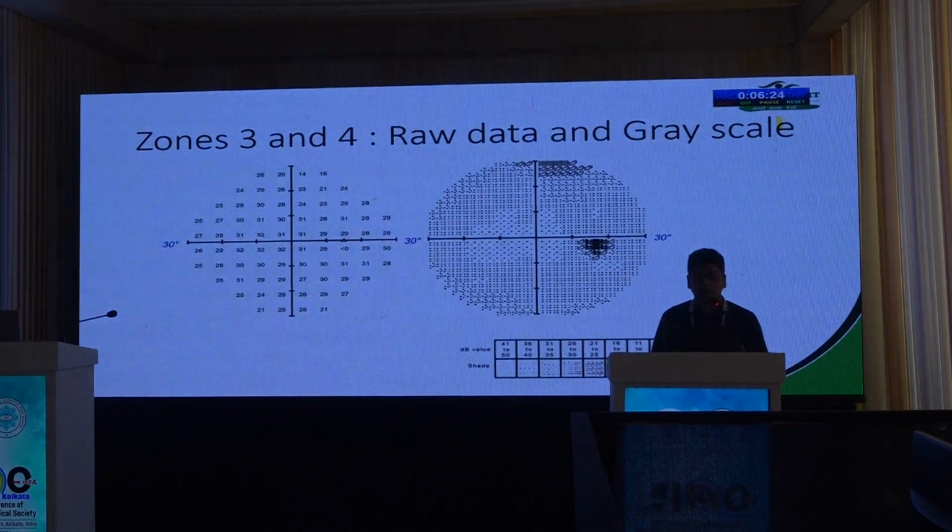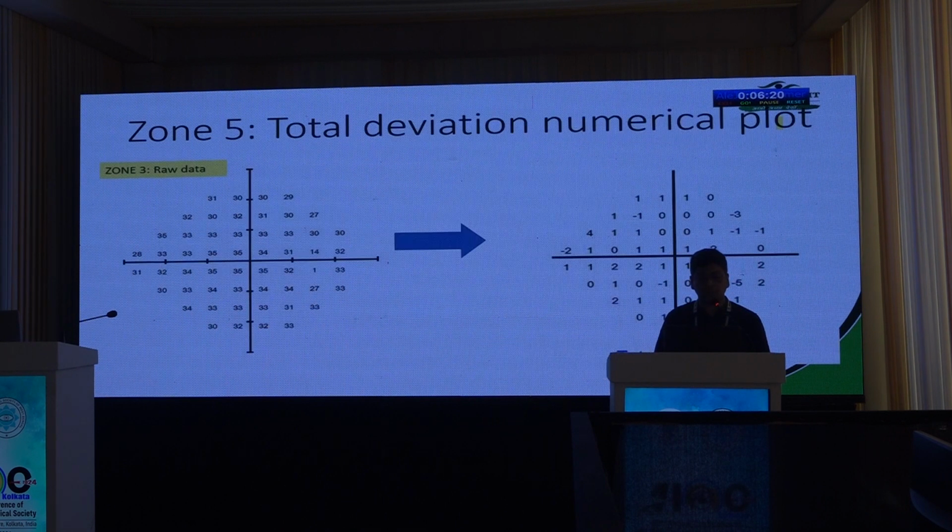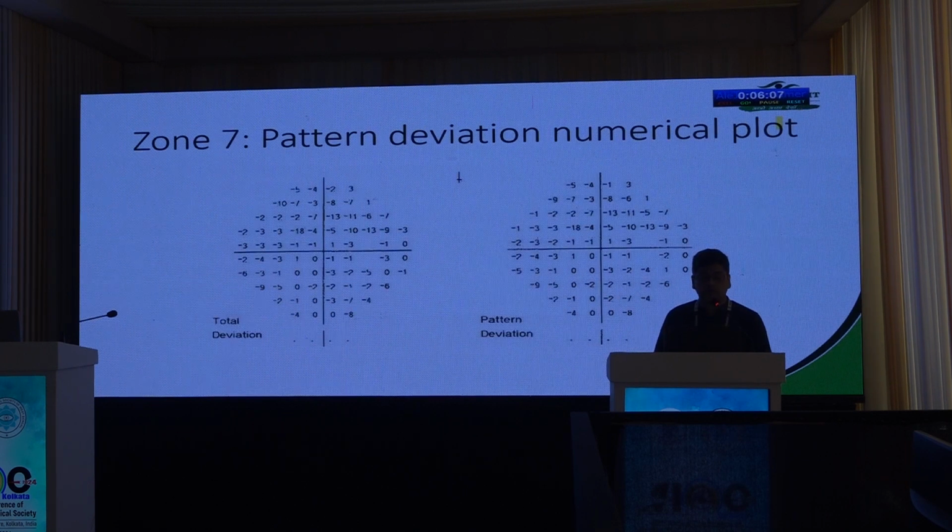The third and fourth zone are the raw data and grayscale data, which are used to derive the total deviation numerical plot. Here, the raw data of the patient is compared to the age-related normative database, and the deviation at each point is calculated by the machine. Then the machine derives the pattern deviation numerical plot. In this, it adjusts for the general reduction of the sensitivity of the field of vision.